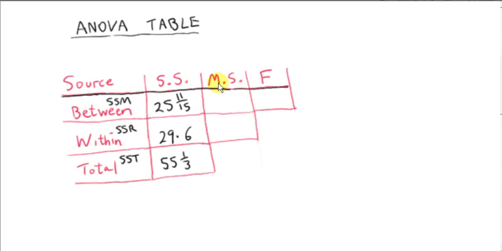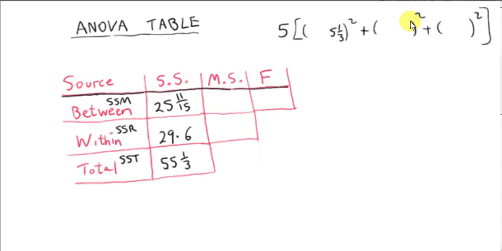Now MS stands for mean sum of squares. When we calculated, say, SS between, we calculated 3 sums of squares. We had the mean of the first group minus the grand mean squared, plus the mean of the second group minus the grand mean squared, plus the mean of the third group minus the grand mean squared. Now if we knew what the grand mean was, 5 1/3, we would only have two calculations to do.